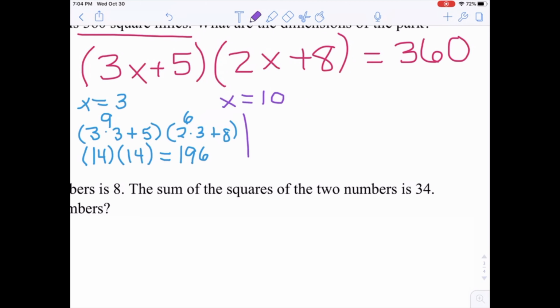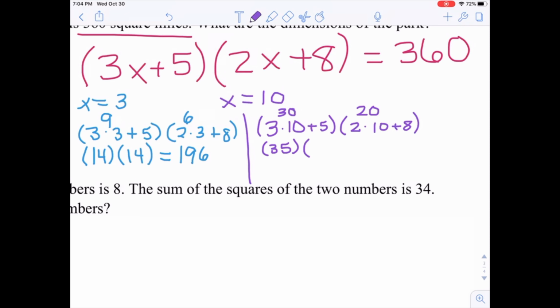So I have 3 times 10 plus 5 and 2 times 10 plus 8. So 3 times 10 gives me 30. 30 plus 5 is 35. 2 times 10 gives me 20.